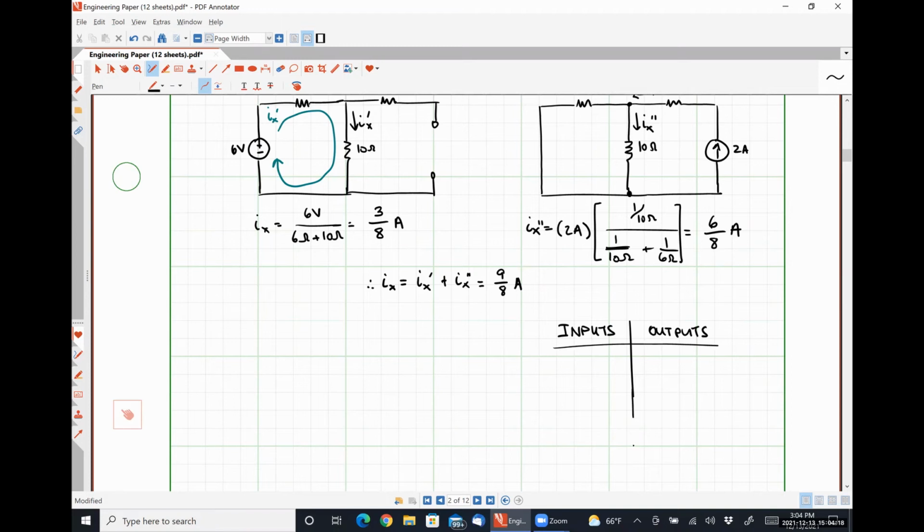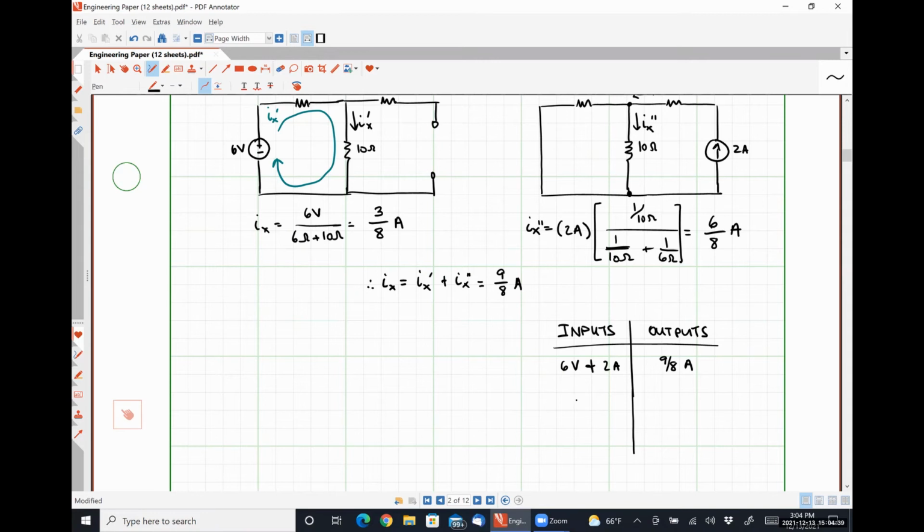On the input side, when we first worked the problem, we had a 6-volt input and a 2-amp input. And we observed that our output was 9/8 of an amp. That was the result of method 1, right?